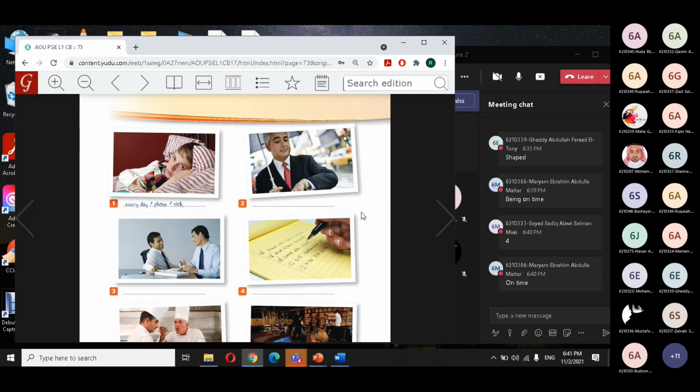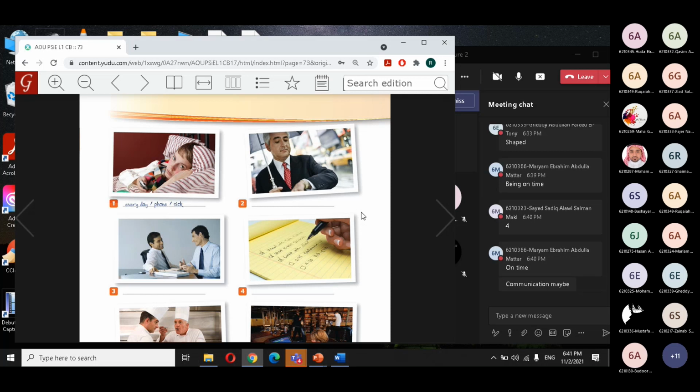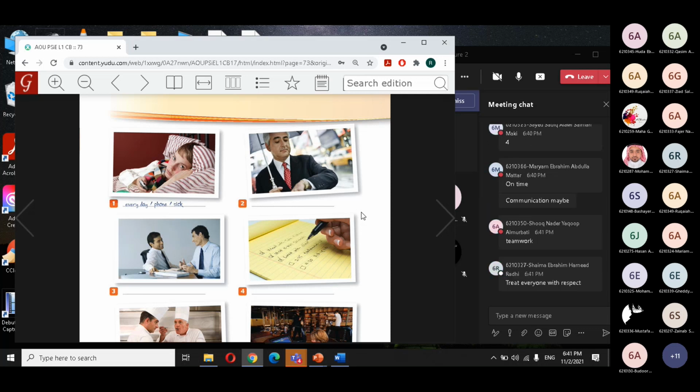Number 3, what do you think the idea in the picture here is? Communication, maybe. Okay, Mariam, good. Teamwork. Shaima, excellent. Treat everyone with respect. Be friendly.